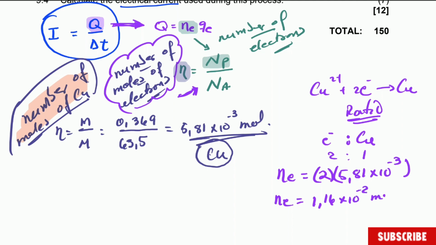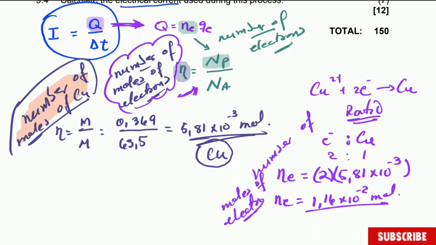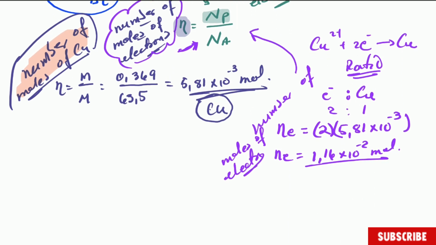I convert everything to scientific notation because the numbers are quite small. This is the number of mole of electrons, and this is what we are going to substitute in there, because now we know the number of mole of electrons.